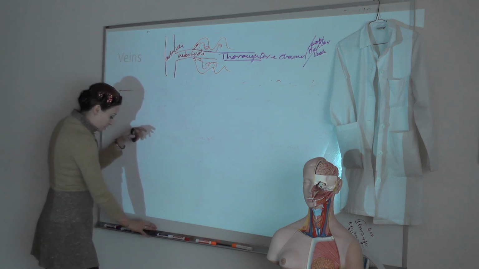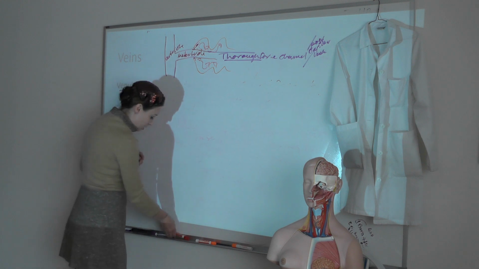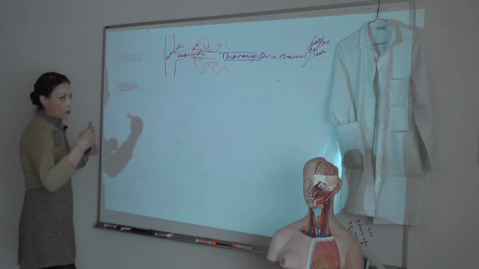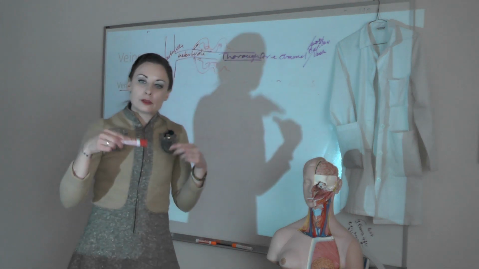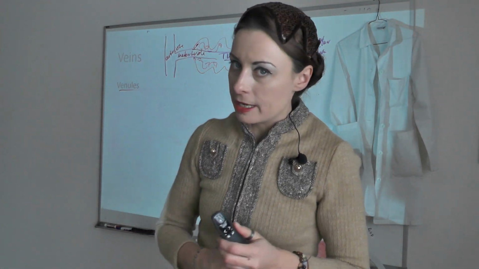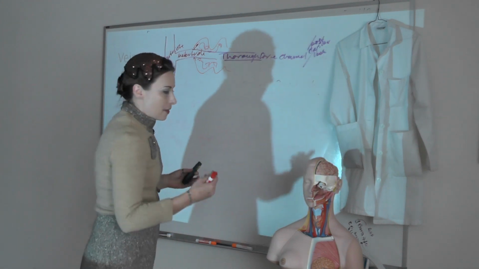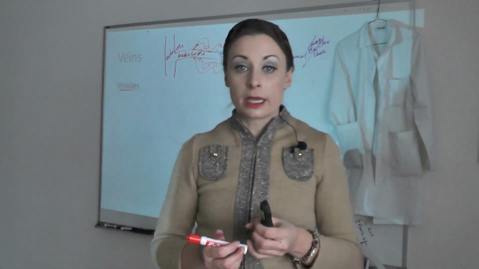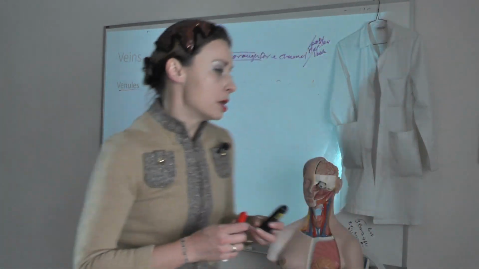And then they're going to converge together and become medium and large veins. We'll start seeing more and more smooth muscle as you get larger and larger, and more connective tissue as you get even larger still. And that's because the tunica externa is the thickest layer of a vein wall.